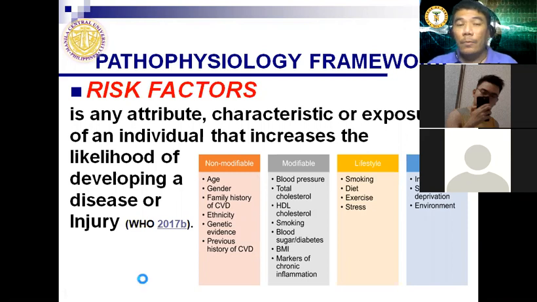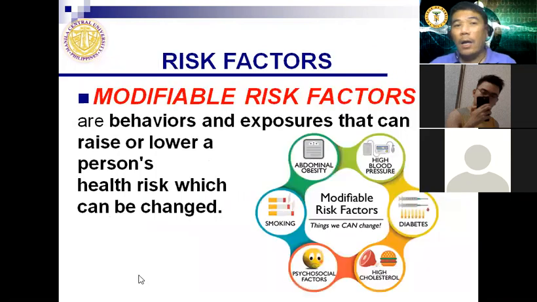And I told you, as explained further, that modifiable risk factors are behaviors and exposures that can raise, or rather lower, a person's health risk, which can be changed. So as I have emphasized to all of you, modifiable risk factors could be changed, could be modified, could be improved, which is the opposite of the non-modifiable risk factors, which cannot be changed. And I have already enumerated them.